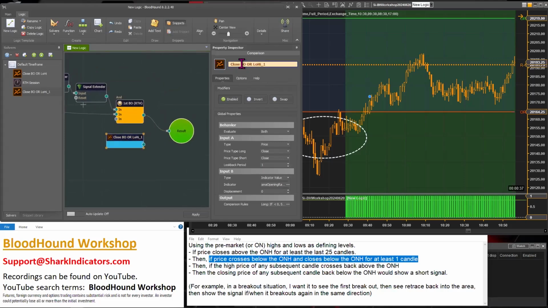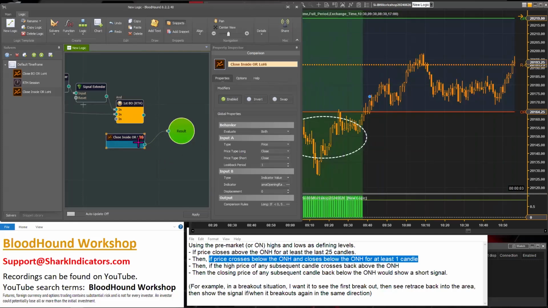All right, so now we're checking to see if the close goes inside the opening range. Again, with this new comparison solver, the price we're checking is the closing price, and we want the opening range the same, but what we're going to change is the output.